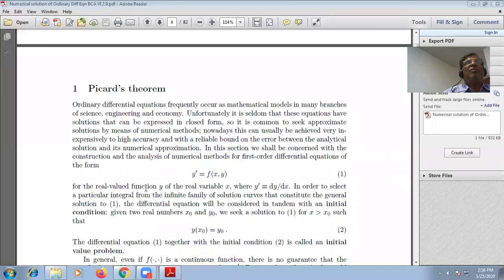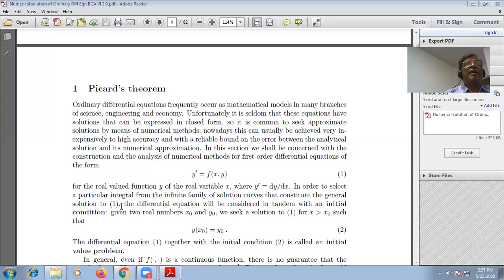For the real valued function y of the real variable x, where y dash, I have already told you, is equal to dy by dx.